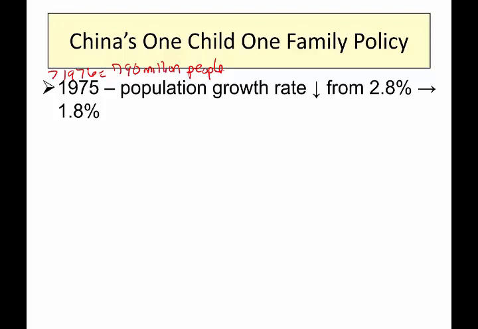Well, by 1975, the population growth rate had decreased from 2.8% to 1.8%. Now, this might not seem like a lot, but when you have 790 million people, this was a result of about 8 million people less on Earth. In other words, they had 8 million less people than they would have had.